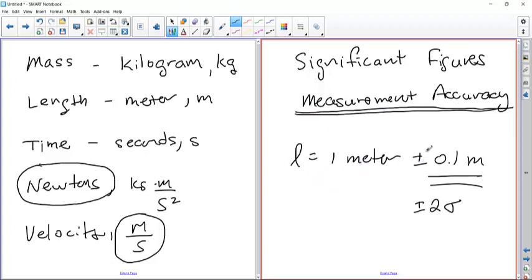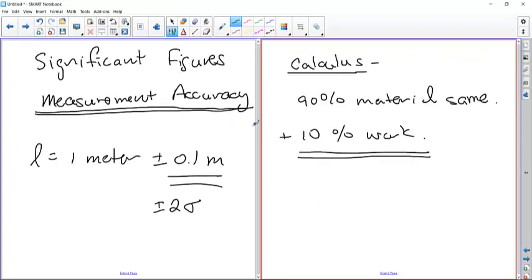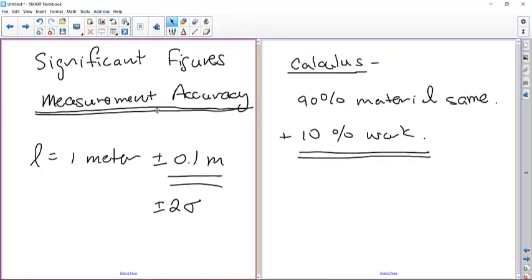So rather than using this plus or minus terminology, what we do is we show the accuracy of a measurement by the number of significant figures that the quantity has.